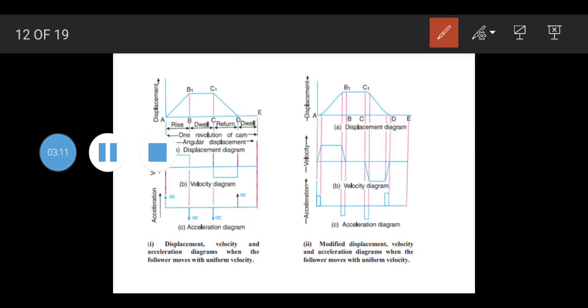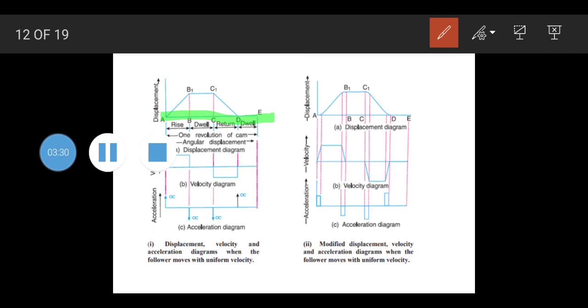I will just clear out all this. So let's take this AE as a straight line which will be 18 centimeters, as that is theta equals 360 degrees.